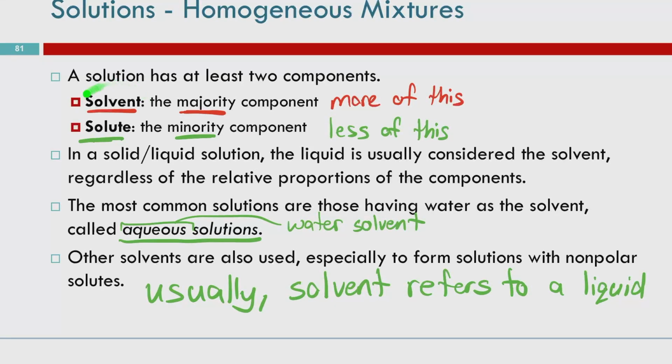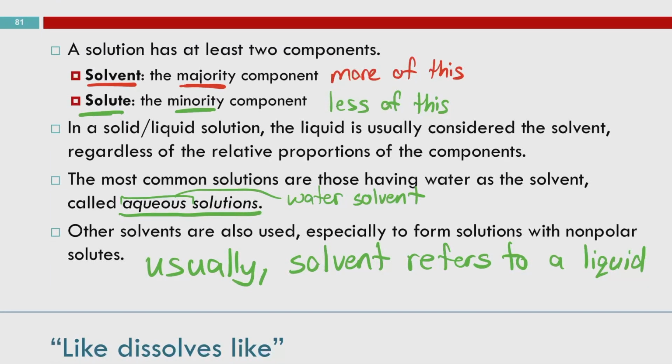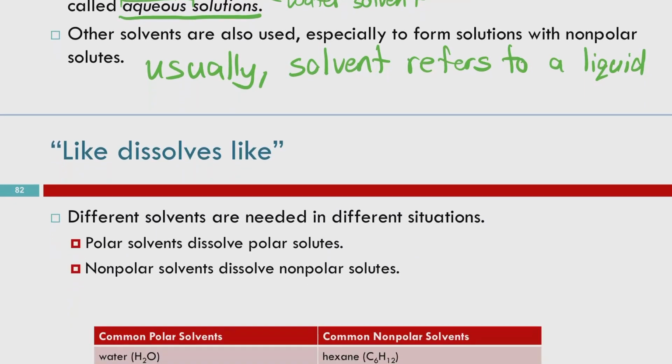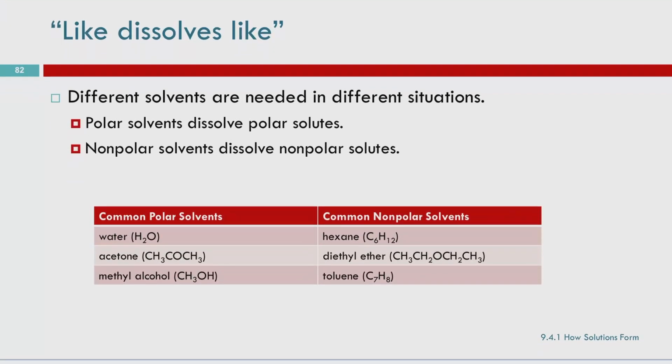Big takeaways: you need to know what solvent and solute are, and you should have already known that aqueous solutions have water as their basis. We've heard this phrase before: like dissolves like. This means that polar solvents dissolve polar solutes, and nonpolar solvents dissolve nonpolar solutes.